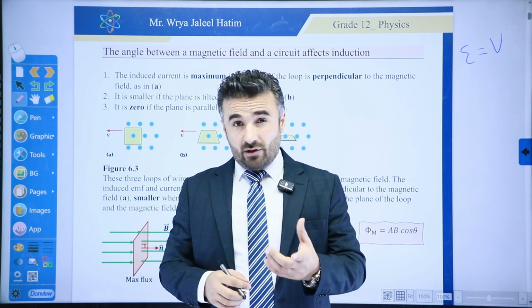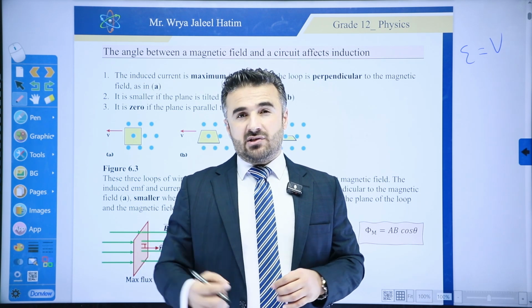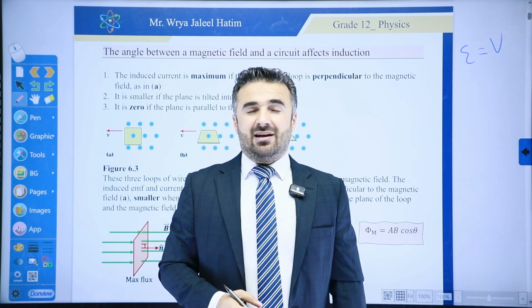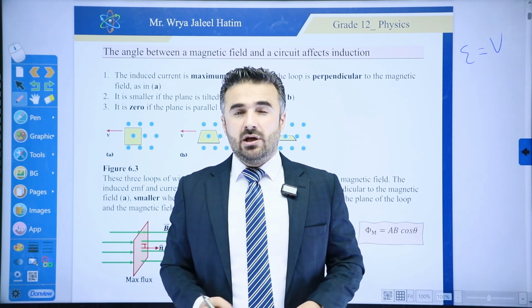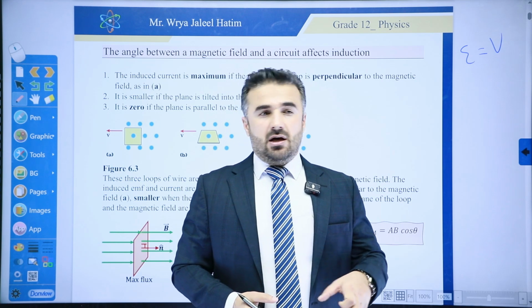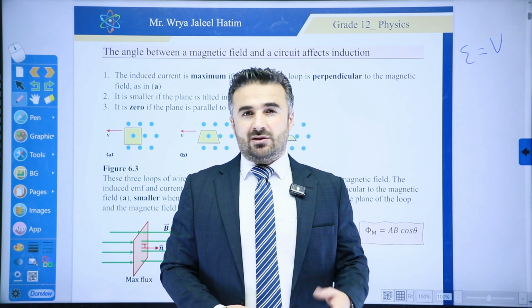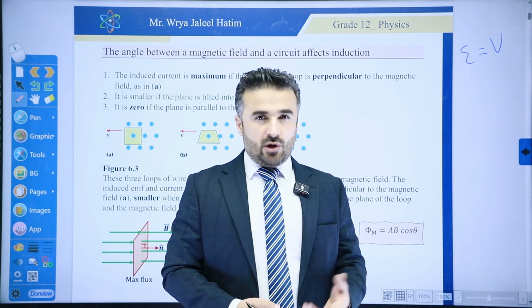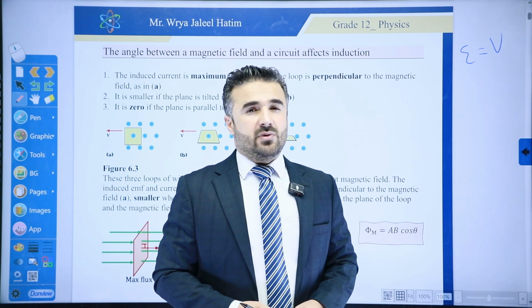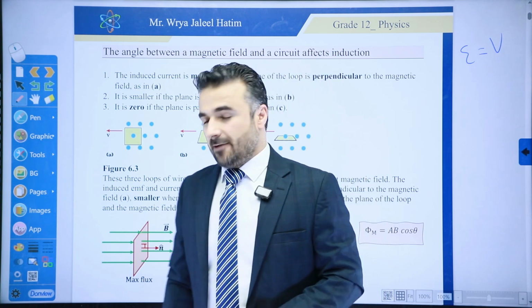And not forgetting the angle between the velocity, the direction of the motion, and the magnetic field, because that is also crucial: it determines whether you get maximum, minimum, or somewhere in between the two, the amount of induced electromotive force.